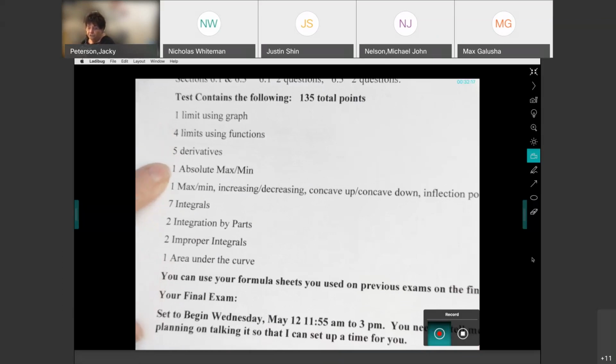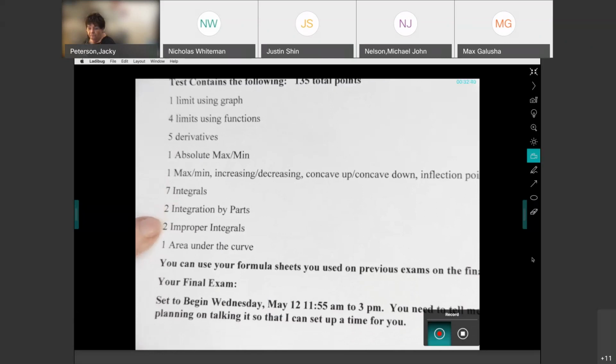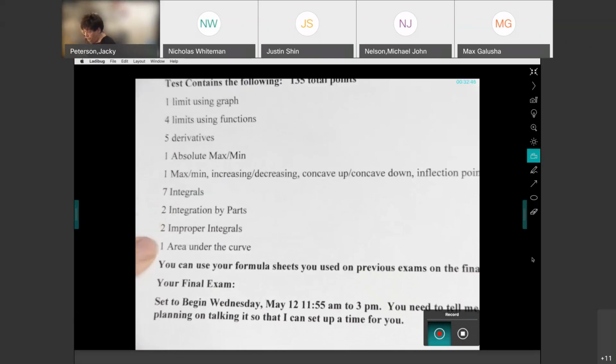I think you only circled 2, but there's going to be 1. 1 maximum, minimum, increasing, decreasing, concave up, concave down, inflection point. 7 integrals. 2 integration by parts. 2 improper integrals. And 1 area under the curve.